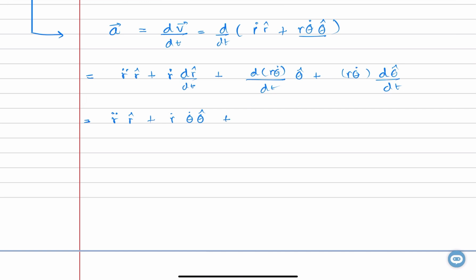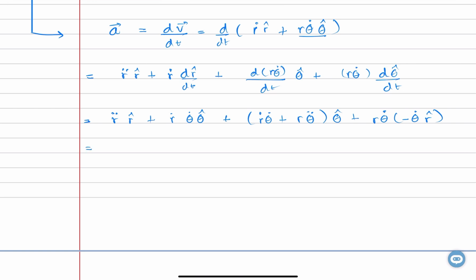We saw that before. Now, what would be the derivative of r theta dot? Well, that is just going to be r dot theta dot plus r theta double dot, right? Again, I'm just using the product rule here. And then multiplied by theta cap, and r theta dot multiplied by d theta cap would be equal to minus theta dot times r hat, right?